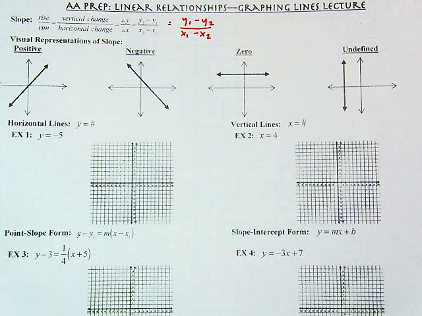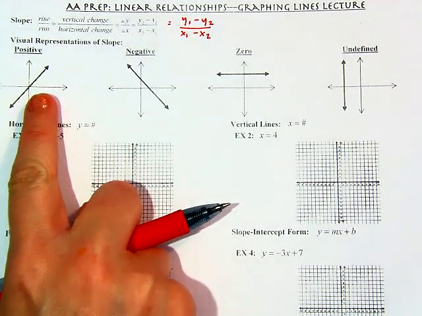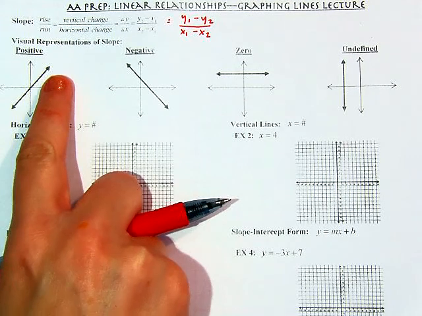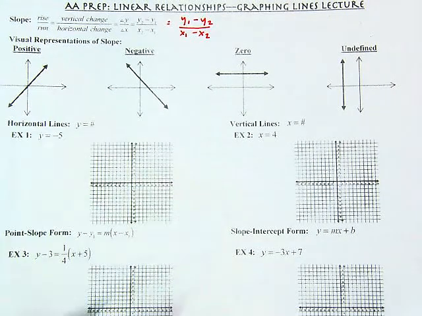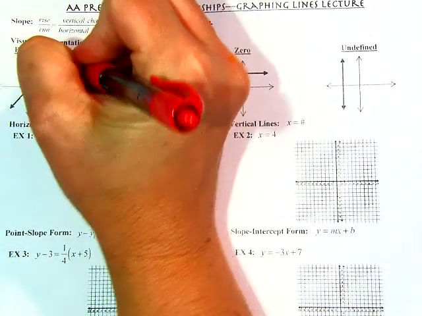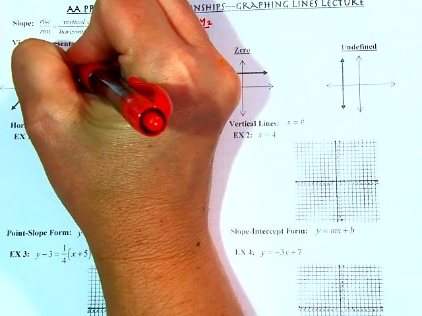Okay, next I'm giving you a visual representation of slope. Here I'm giving you a positive slope because when I'm reading it from left to right, my y values are increasing. The y values are getting bigger. Let me write that: y values are increasing.